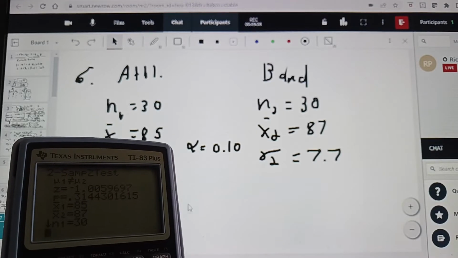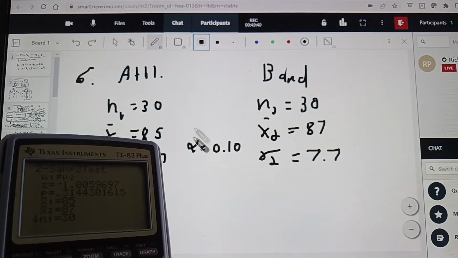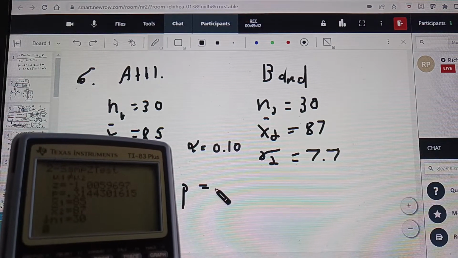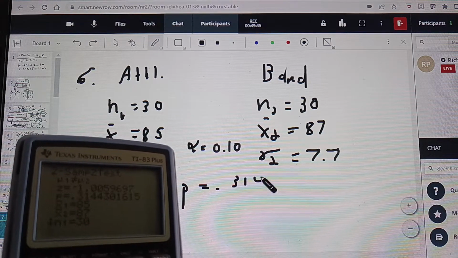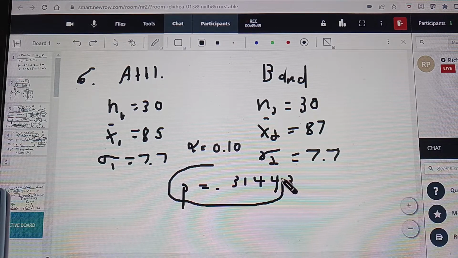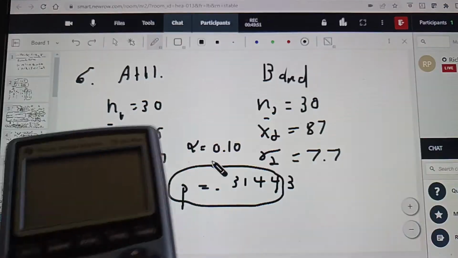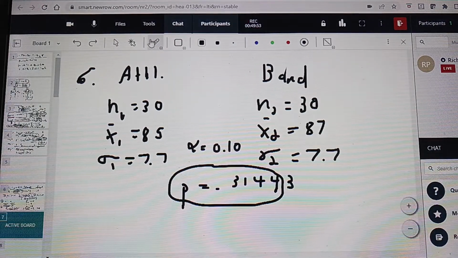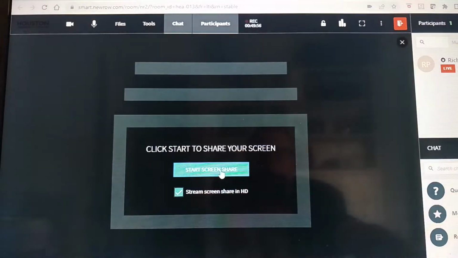So I just got a p-value of .31443, which if we round to 4 places is .3144.